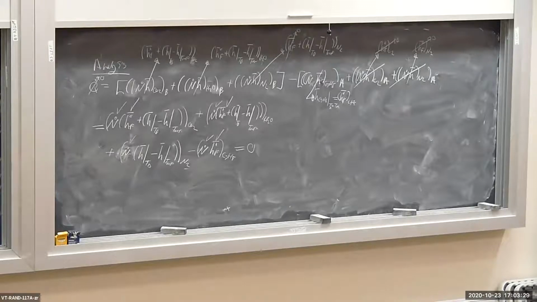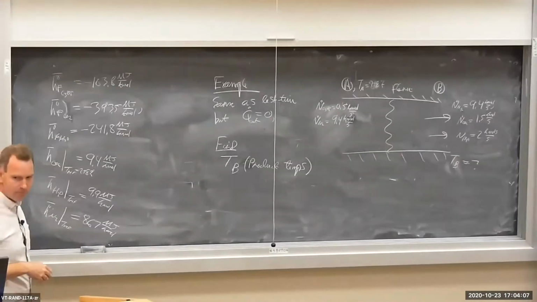Okay, so now I need the nitrogen too. H bar for the nitrogen, N2, evaluated at the reference temperature. I'm looking for it here, 8.67 megajoules per kilomole. So these are all from table B12, and these are from B13. B12 and B13. Sorry.